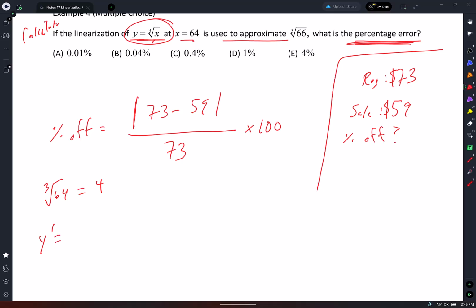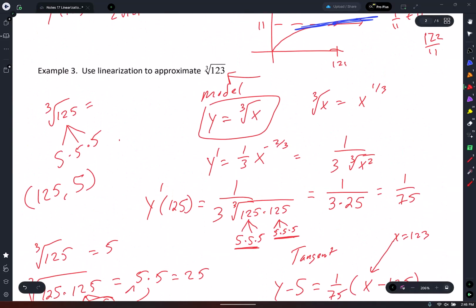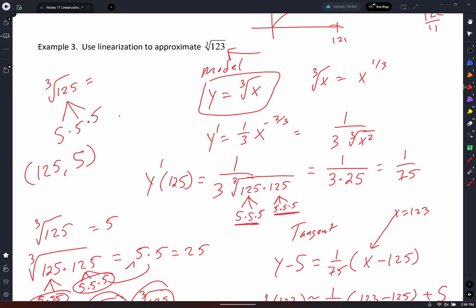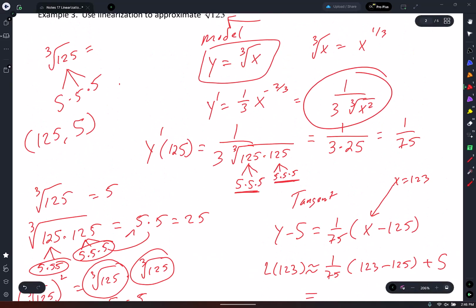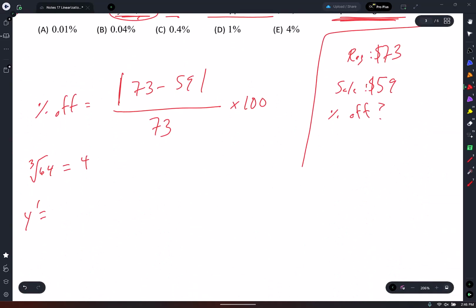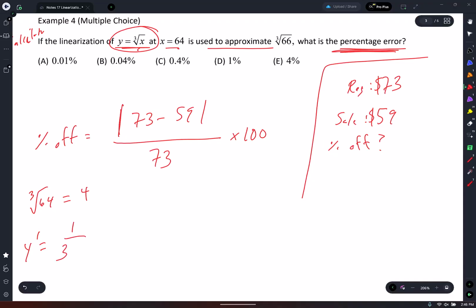y prime equals, let's see, we just did this one. It's this one right here. So y prime equals 1 over 3 cube root of x squared. We're still okay? y prime of 64. Okay, hold on.